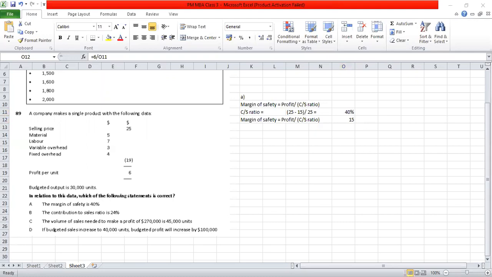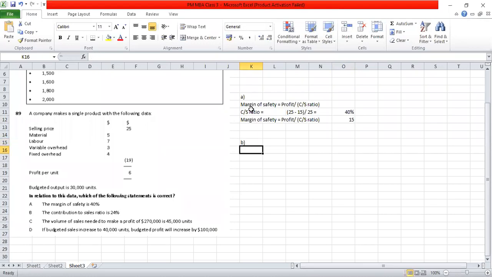Try out B. The contribution to sales ratio is 24.